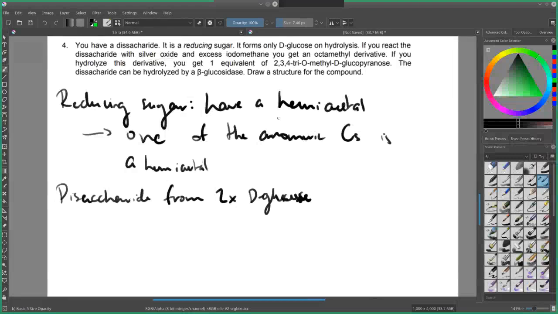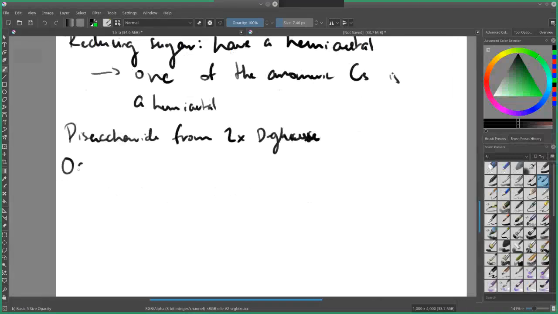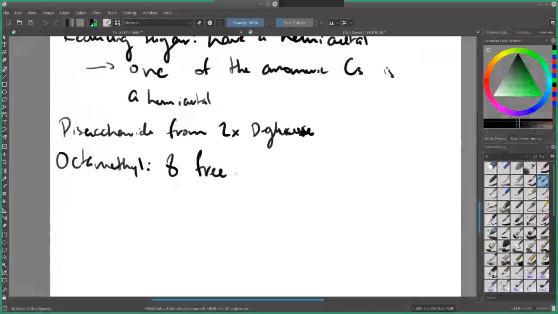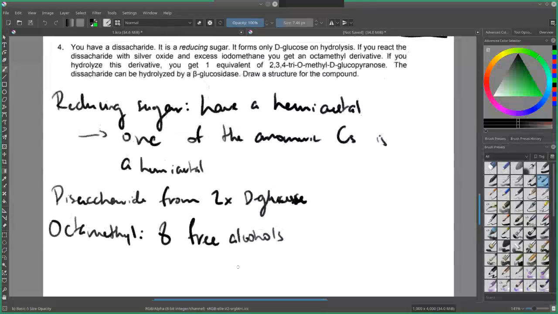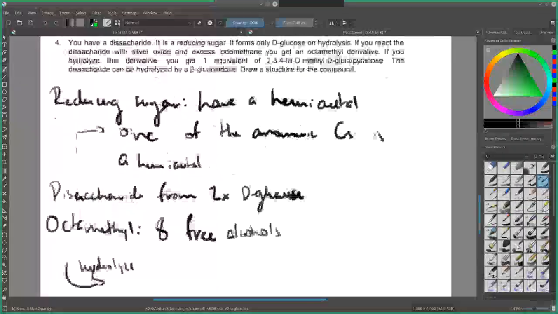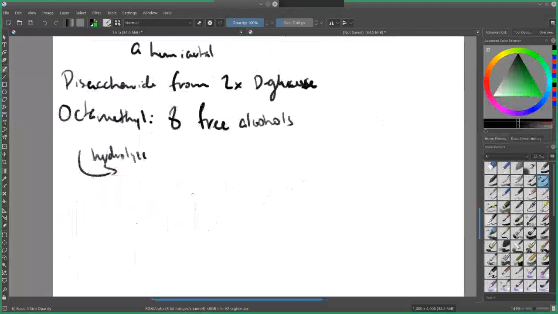Okay. So octamethyl derivative, which means that there are 8 free alcohols. And then if you hydrolyze it, we get an equivalent of 2,3,4-trimethyl glucose. Okay.